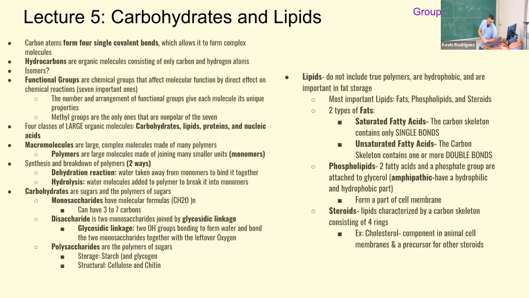Lecture 5. All right, let's see this one. For this one, it was a way to introduce you guys to the other macromolecules. We've done carbohydrates very little, which are sugars.